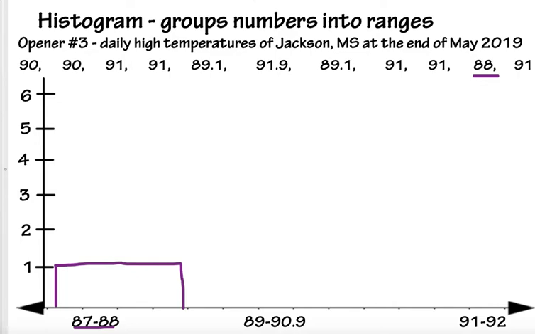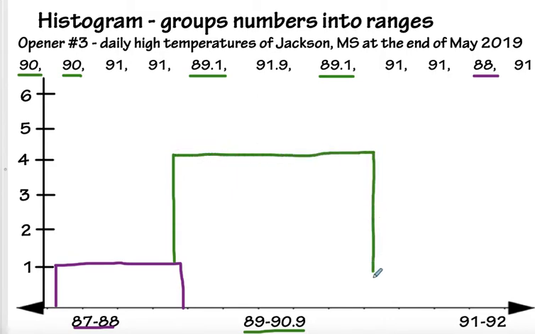Now the second one that we want to look at is the 89 to 90.9 range. So let's see, these fall in it. These are above it. 89.1, 89.1. So it looks like we have 4 that are going to fall in that range. So I'm going to continue my little rectangle. This one's much taller to show that it has a higher frequency.